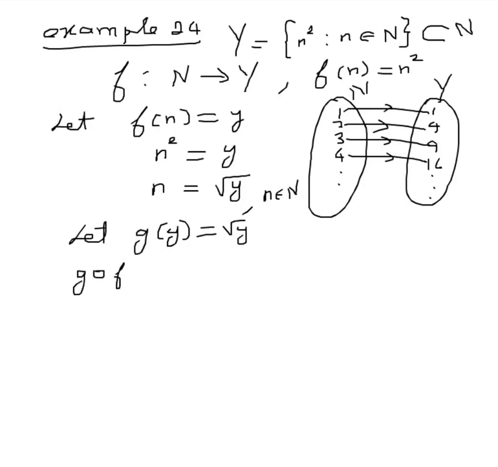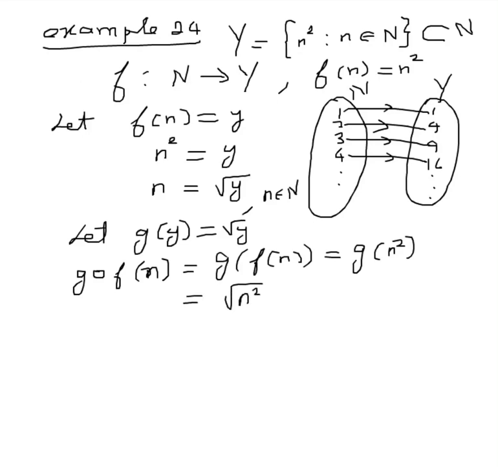Let us find g composite f of n, which is g of f of n equals g of n square, and g of n square will be root of n square, which is n. So we proved that g composite f of n is n.